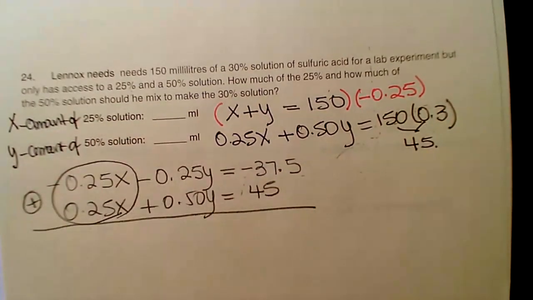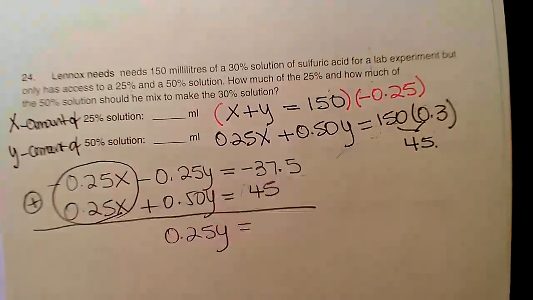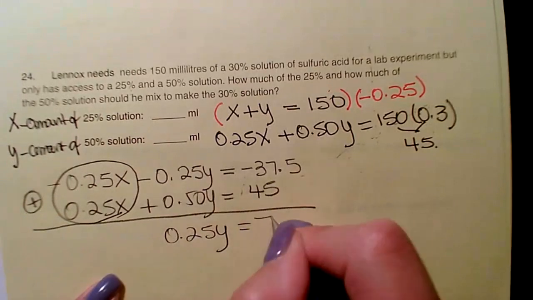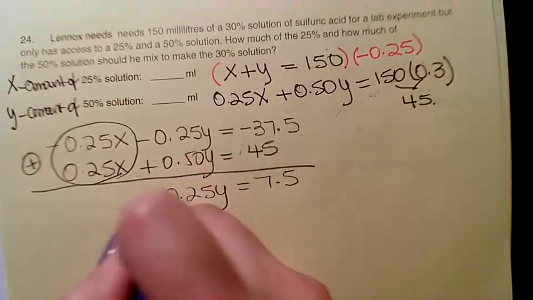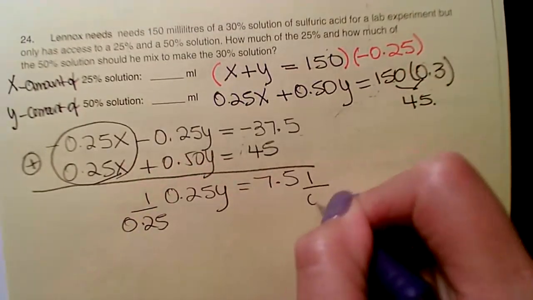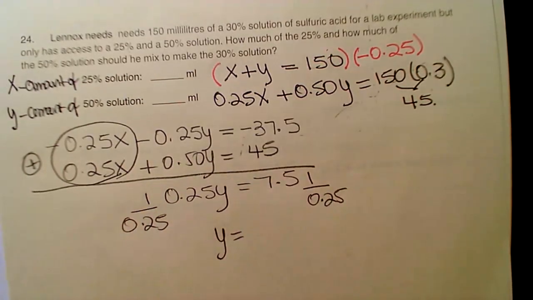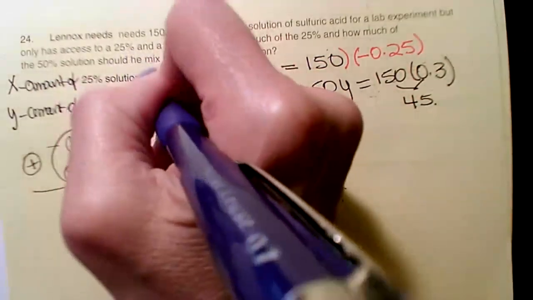Make a zero here, and we have positive 0.25y, and 45 minus 37.5 is equal to 7.5, and multiply by the reciprocal, and we get, let me divide that, 30. So y is 30.